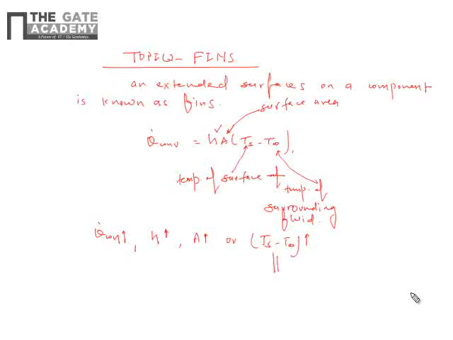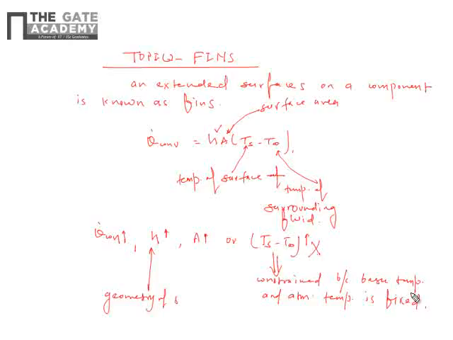But the temperature difference is a constraint because the base temperature and atmospheric temperature are fixed.